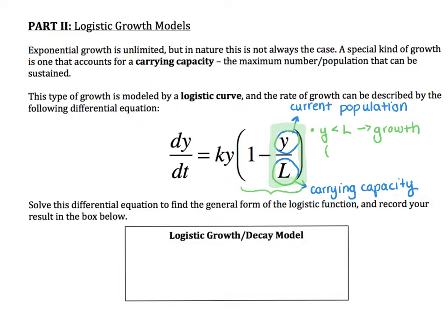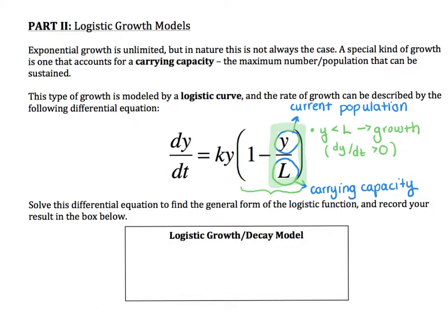So if y is less than L, dy/dt ends up being greater than 0. And if the derivative of a quantity is positive, it's growing.